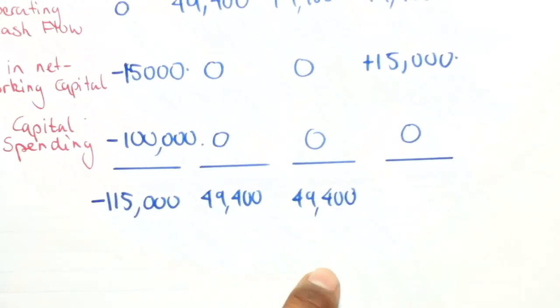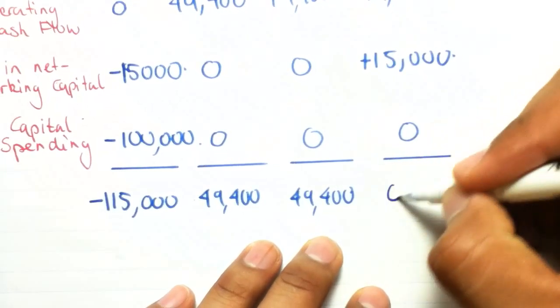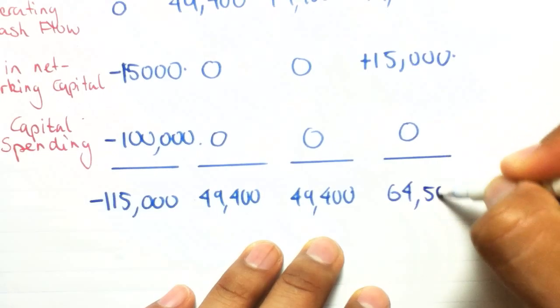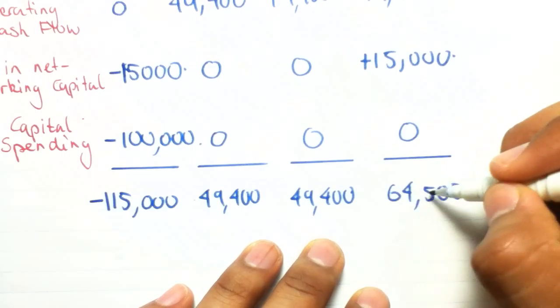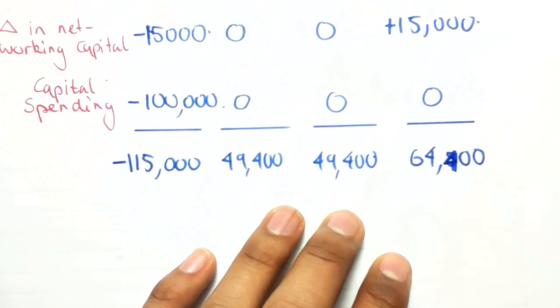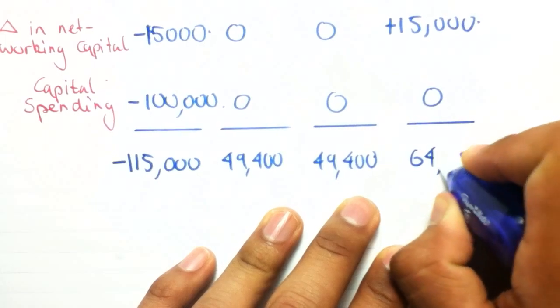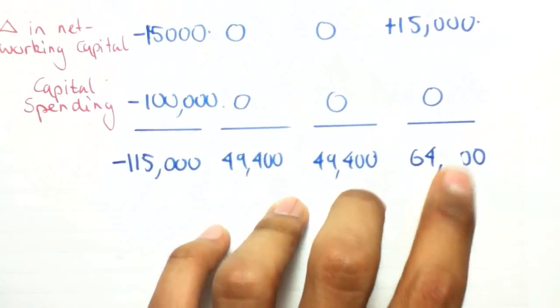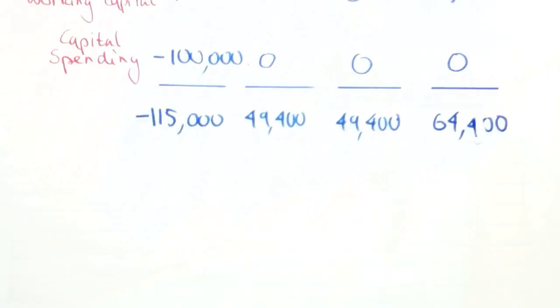And for the 3rd year, my cash flow is going to be $49,500 plus $15,000, and that's $64,500. Oh, hold on, I've just done a bit of an error. 400. Okay, 400. And so that's that. We've just forecasted our cash flows for every year.